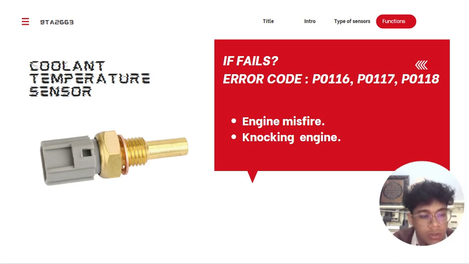An opposite scenario is also possible, and the ECU can think that the engine is hot even though it is cold. In that case, it is going to inject too little fuel, which is going to lead to a lean running condition, and this can lead to the engine misfiring or even knocking until it's hit hard.